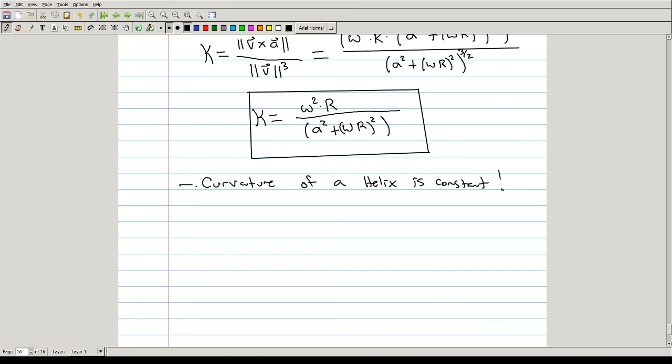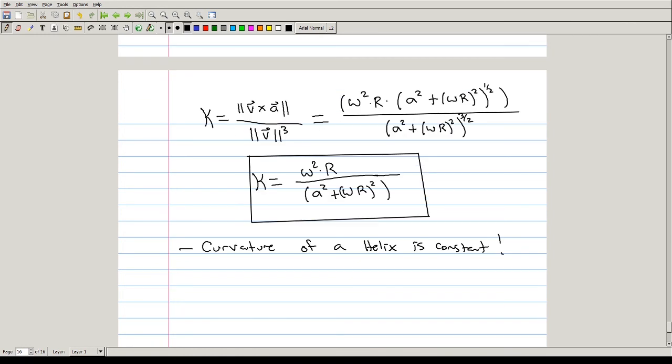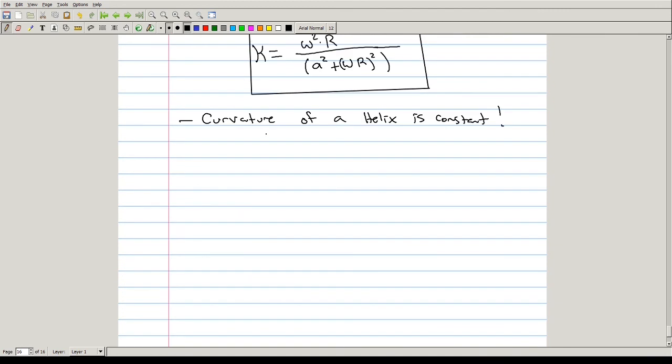So if I give you a helix with a frequency omega, an a value, remember a is the growth rate along the z-axis, and r is the radius of the central circle of the helix, you can use this formula to directly determine the curvature of the helix. But what's more important here is seeing the process used to derive this special formula that we started out with, and then also apply it to a specific problem.